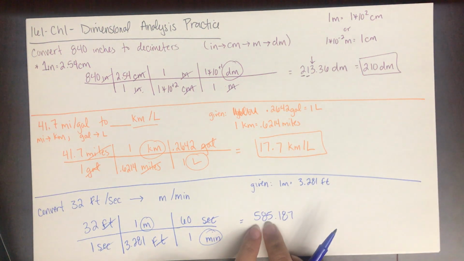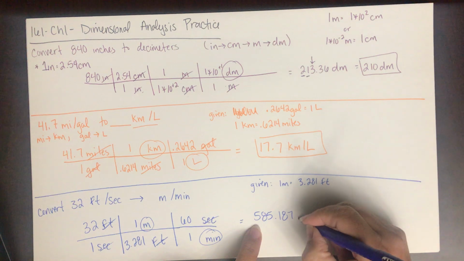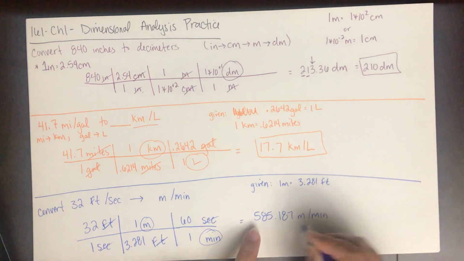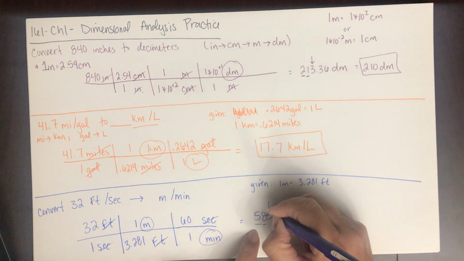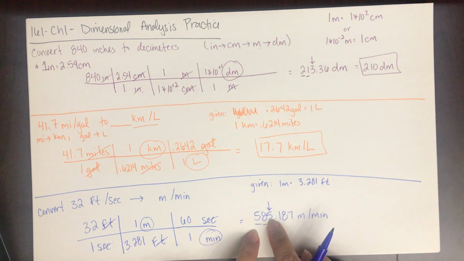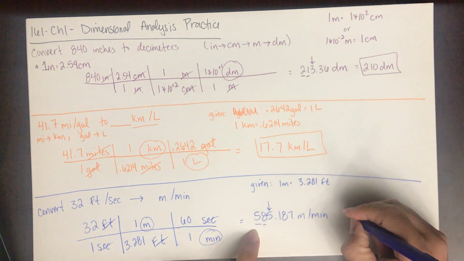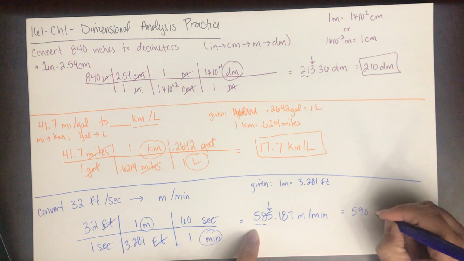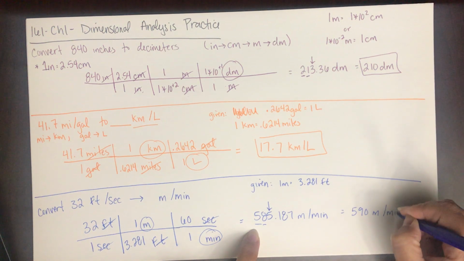I want it to have 2 significant figures. 1, 2, and I look at this one, it's 5 or greater, so that means I need to round up. So that means it's 590 meters per minute.